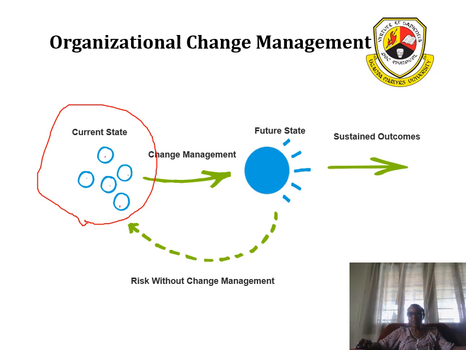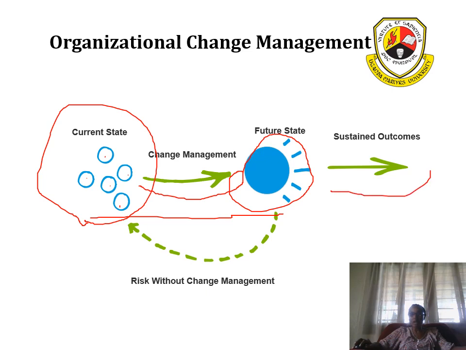Then change management points to a future that we would all like, a brighter future. Now, in order to get this brighter future, we need to ensure that our team moves from our current state to the future state with sustained outcomes.